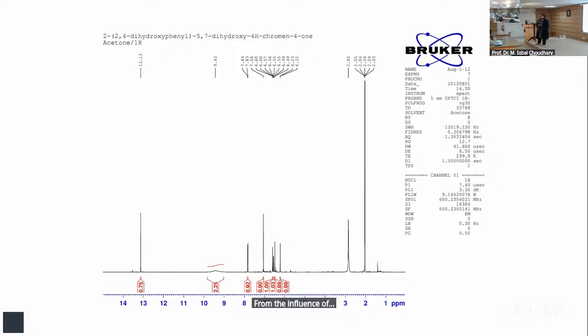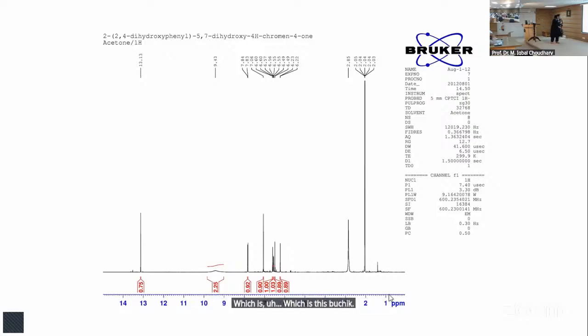Okay, so that actually lets the proton resonate, because it doesn't require that much energy to resonate. So that is why it resonates in the upfield region, which is this one.